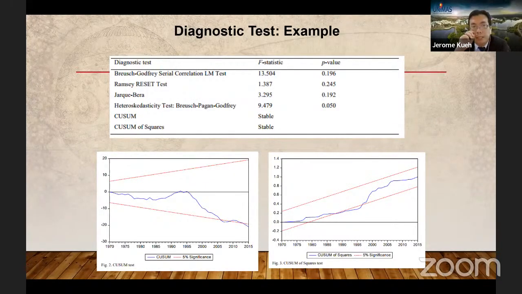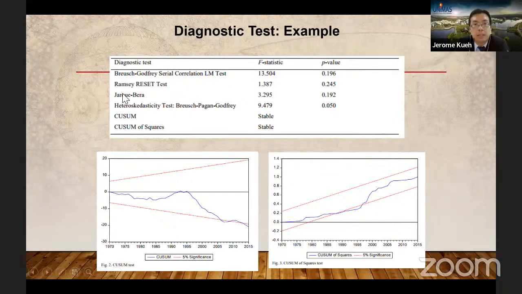Regarding the estimations, the other part is the diagnostic testing. We need to ensure that our results can pass those diagnostic tests. As usual, based on the classical assumptions, we need to apply some tests. For example, the first one is the serial correlation test, to test for serial correlation. The Ramsey RESET is to test for any misspecification of the model.